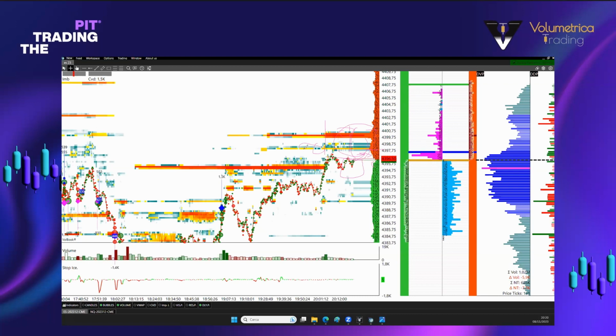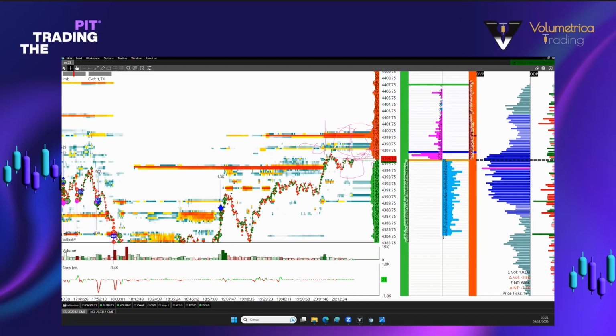And compared to what we said about the role of liquidity in order flow analysis, liquidity is definitely, at first, a point of possible support or resistance. Why?